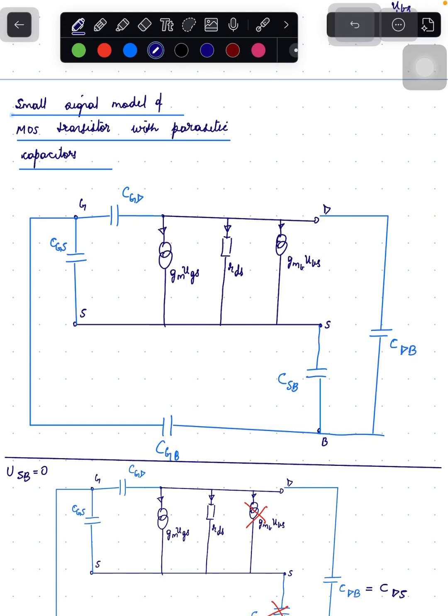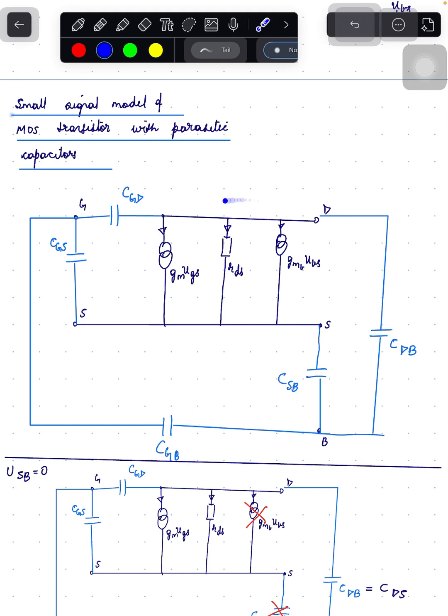The small signal model of MOS transistor with parasitic capacitors: we know there is parasitic capacitance between gate to drain, written as CGD, gate to source as CGS, then we have drain to bulk, that is CDB, source to bulk capacitance CSB, and gate to bulk capacitance CGB.